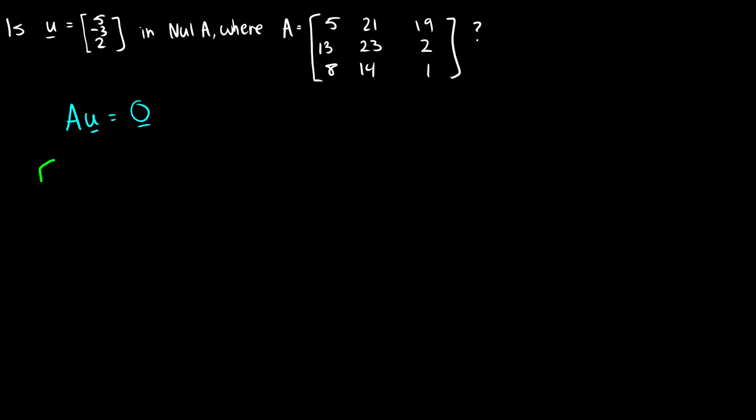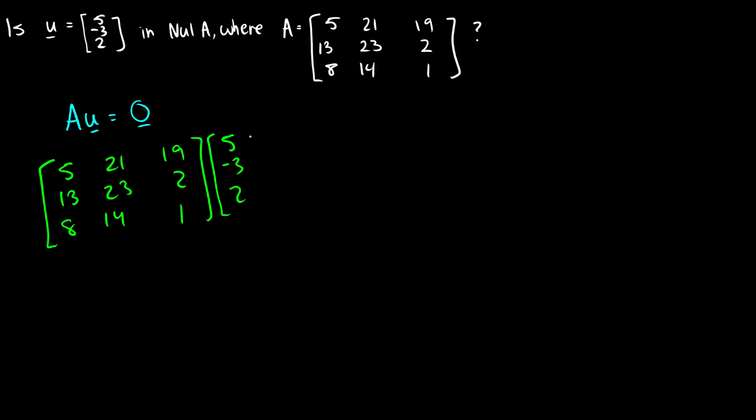So let's take our matrix A, which is 5, 21, 19, 13, 23, 2, 8, 14, 1. And we'll multiply this by 5, negative 3, 2. So if we do our Ax equals b multiplication, this is going to be 5 times the first column, so this will be 25, 13 times 5 is 65, 5 times 8 is 40.